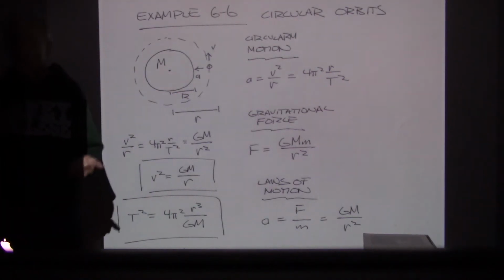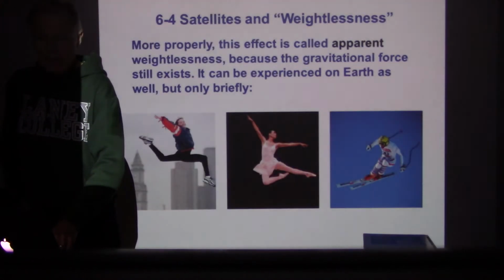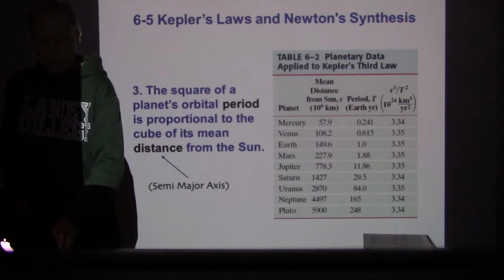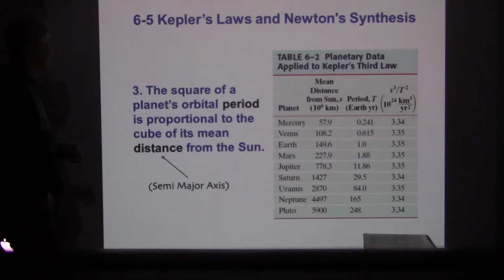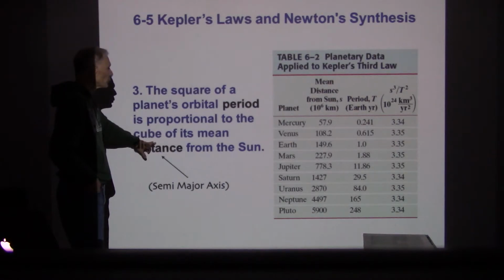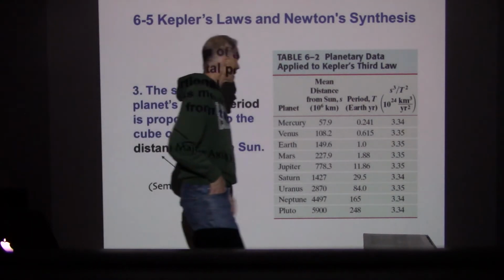Now, that comes from using Newton's laws for gravity, but again, that had not been developed at the time of Kepler. So Kepler preceded Newton and was able to determine that very same effect. The square of the period is proportional to the cube of the mean distance from the sun.